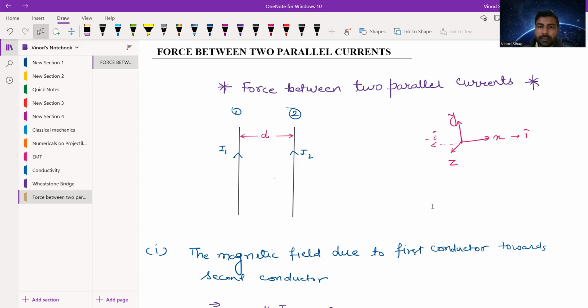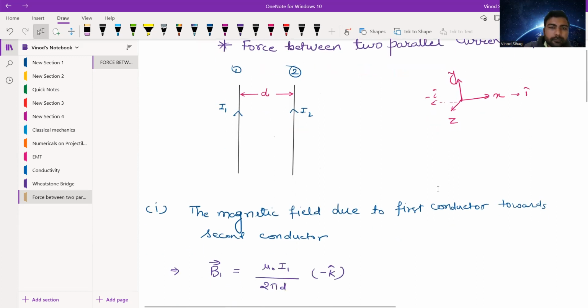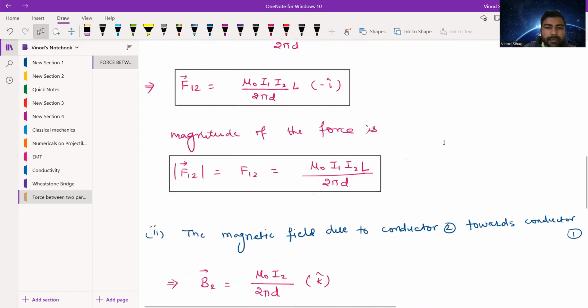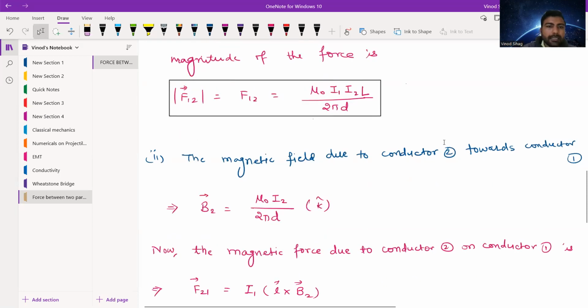What does it mean? That means both the conductors are attracting each other. Fine. So both the conductors are attracting each other if the direction of current flowing in them is in the same direction. That means the parallel currents attract each other. We can make a decision that the parallel currents attract each other.